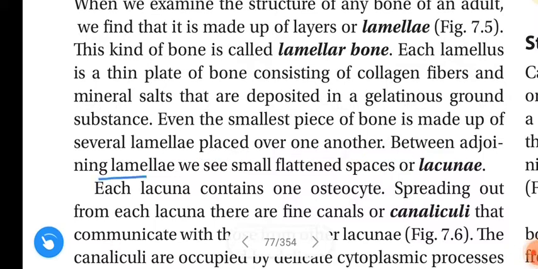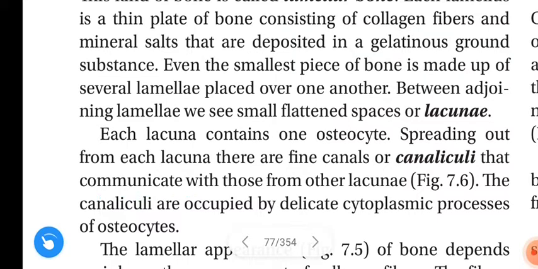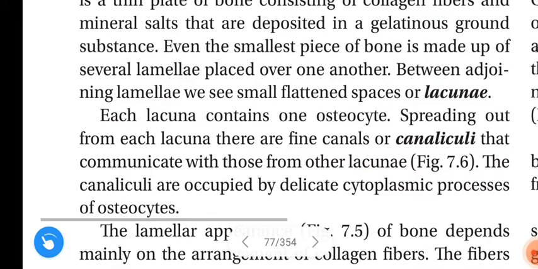Between adjoining lamellae, we see small flattened spaces or lacunae. Each lacuna contains one osteocyte. Spreading out from each lacuna are fine canals or canaliculi that communicate with those from the other lacunae. The canaliculi are occupied by delicate cytoplasmic processes of osteocytes.